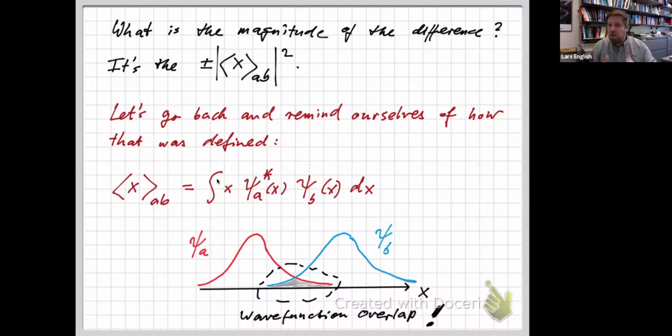They would all converge to the same answer. So the exchange force, quote unquote, that we get has to do with this overlap of wave functions. It is strictly a consequence of the overlap of wave functions.